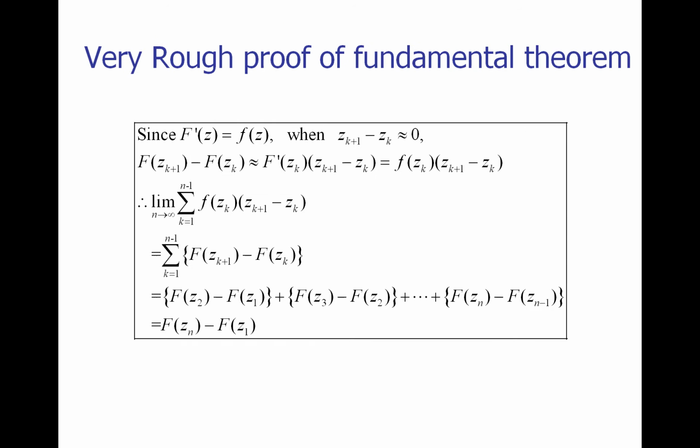Very rough proof of the fundamental theorem. Since big F'(z) equals small f(z), when z_{k+1} minus z_k nearly equals 0, big F(z_k + h) minus big F(z_k) nearly equals small f(z_k) times (z_{k+1} minus z_k). So small f(z_k) times (z_k + h minus z_k) nearly equals big F(z_k + h) minus big F(z_k). When you sum, this is equivalent to big F(z2) minus big F(z1) plus big F(z3) minus big F(z2) and so on up to big F(zn) minus big F(z_{n-1}).